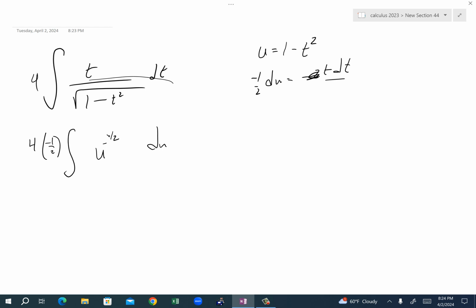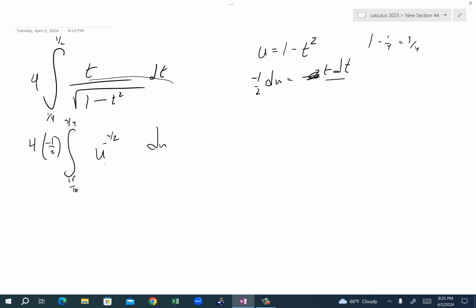Now, while we're at it, just for fun, let's change the limits to go from 1/4 to 1/2, because why not? If you put a half in here, 1 minus a half squared is a quarter, which is 3/4. And then 1 minus a quarter squared, which is a 16th, will be 15/16.